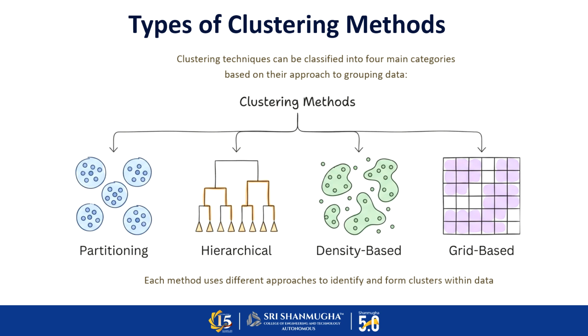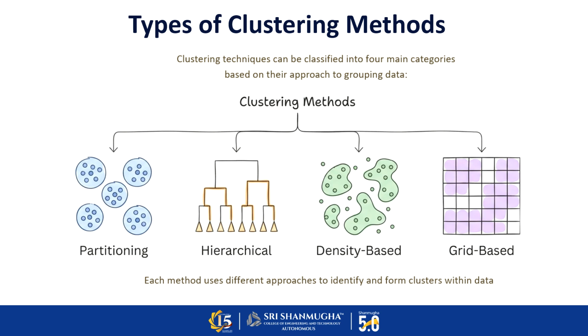DB, density based. SCAN, spatial clustering of applications with noise. So it is best for datasets with irregular shaped clusters and noise or outlier points, commonly used in anomaly detection and geospatial data.